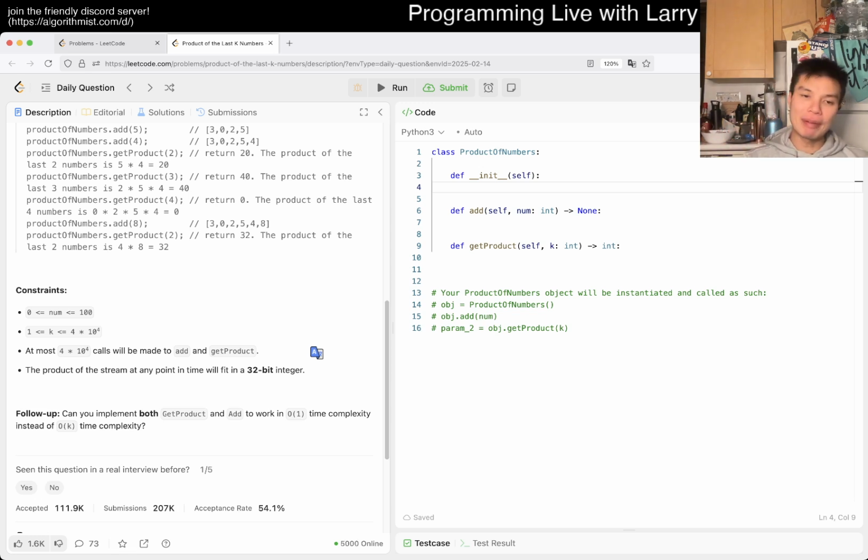But the thing about it being 32-bit is that there are only two special things in this case. One is 0, which I kind of talked about; we'll go into it more when we get into code. If any subarray has a 0, then it's going to be 0, right? That's straightforward. And the second thing is the number of ones.